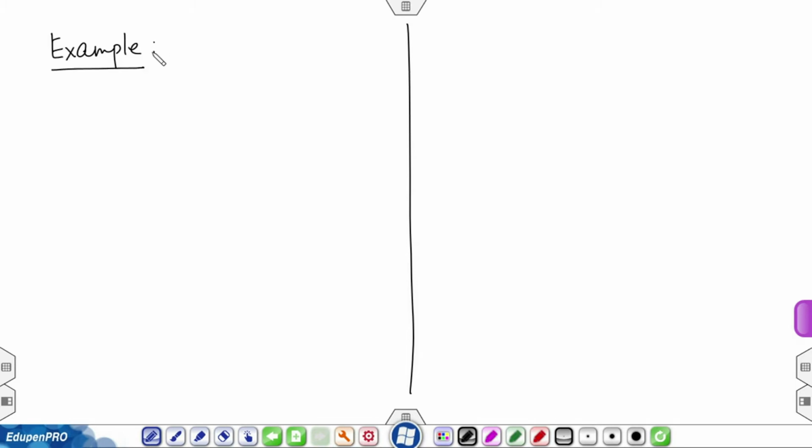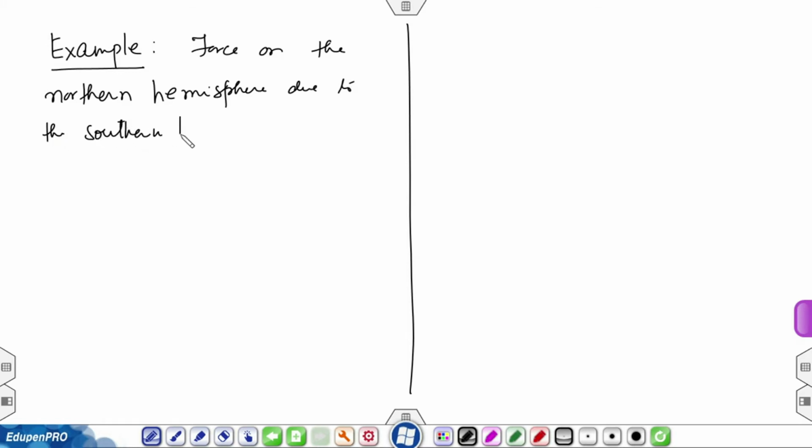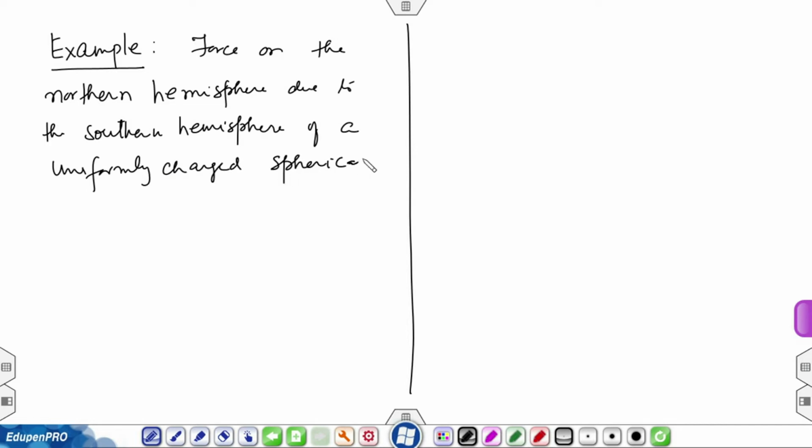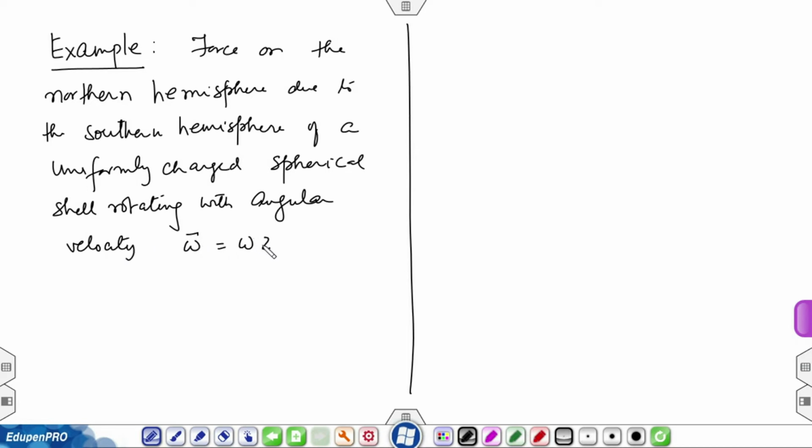I am going to take the example that we solved in the previous lecture, and that is the force on the northern hemisphere due to the southern hemisphere of a uniformly charged spherical shell rotating with angular velocity omega equals omega z.